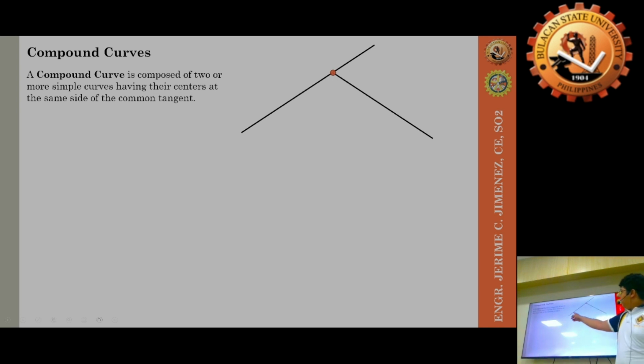Along this side ng ating back tangent, mag-introduce din tayo dyan ng point. Alam natin na that point is the point of the curvature kasi nasa back tangent. Siya yung unang point. Then we draw a curve from this point papunta dito sa forward tangent.